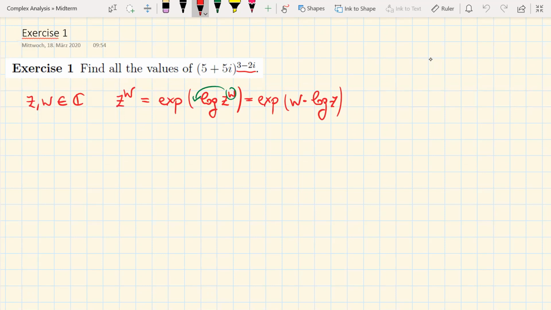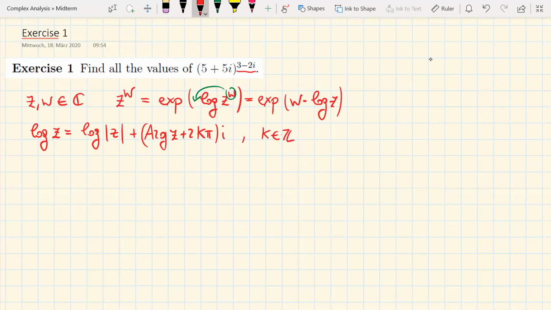So now we have to see what is the logarithm of z. This is a complex number, whose real part is just the logarithm of the norm of z, and the imaginary part is the argument of z plus 2kπ i, where k is an integer and arg is the argument.